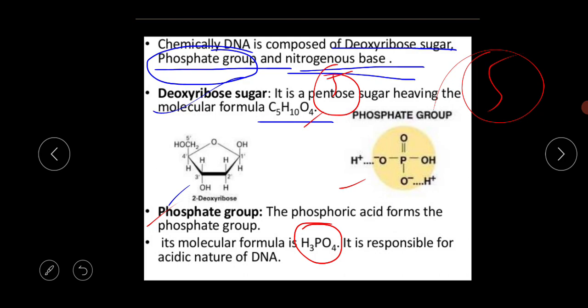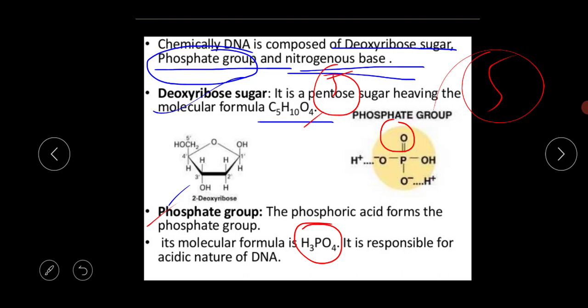Just look at the diagram. Here there are 3 hydrogens, 1, 2, 3. Next is 1 phosphorus, and a total of 4 oxygens, 1, 2, 3, 4.